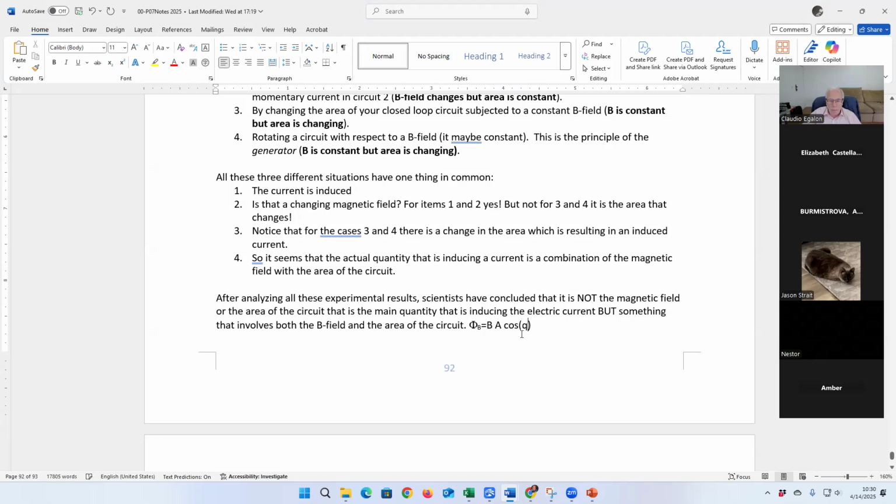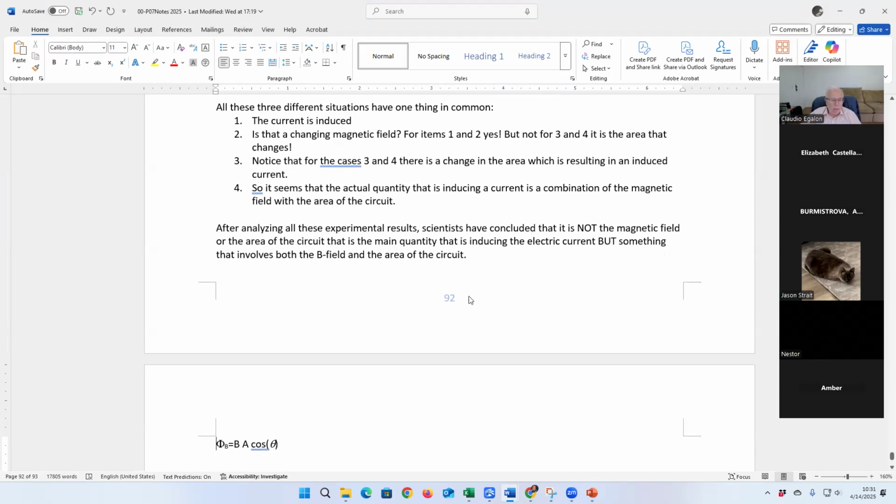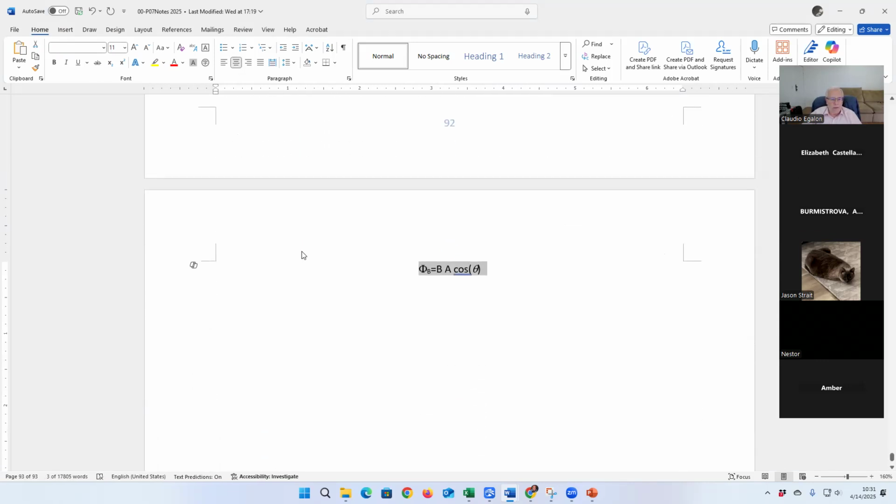And here I'm going to put a theta. Did you get the idea? So what is important here is not the magnetic field alone, it's not the area vector alone, it's not the angle that the plane of the circuit makes with the magnetic field, but something else that we call the magnetic flux.